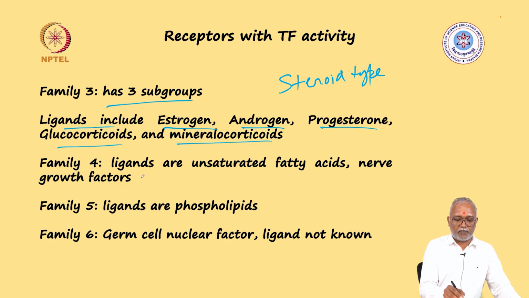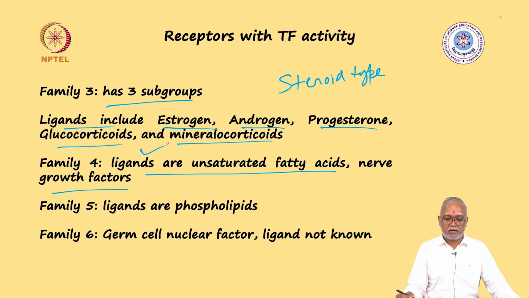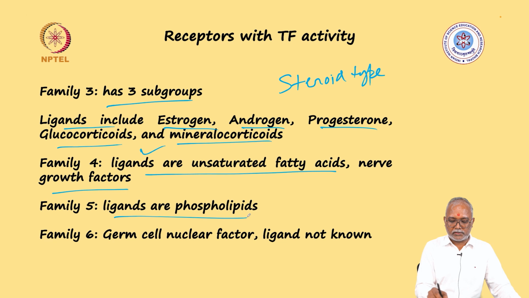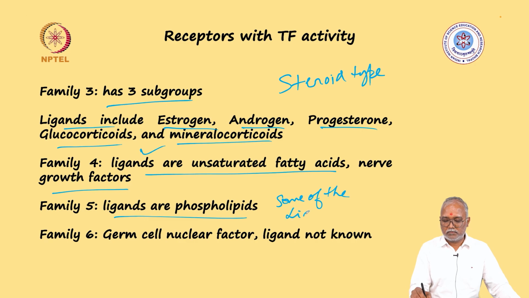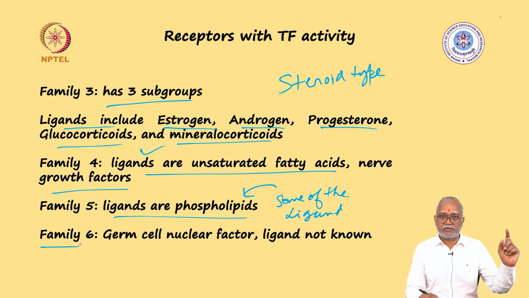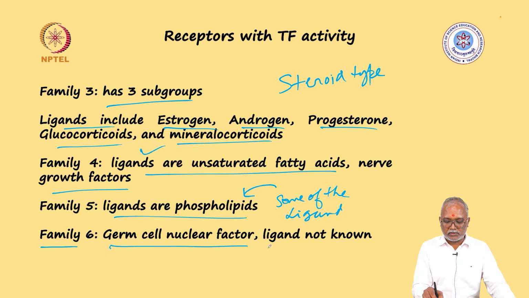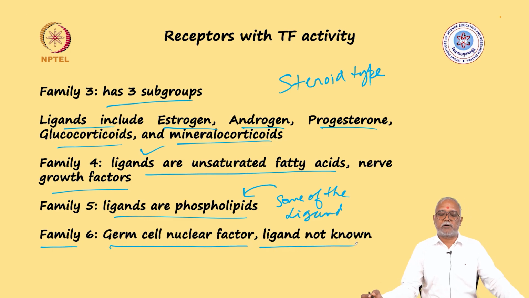And family 4 has unsaturated fatty acids and certain growth factors as their ligand. Family 5 uses phospholipids as some of the ligands. And then we have family 6, which eventually makes it family 7 because of family 0 as the start. The germ cell nuclear factor, and the ligands are not known.